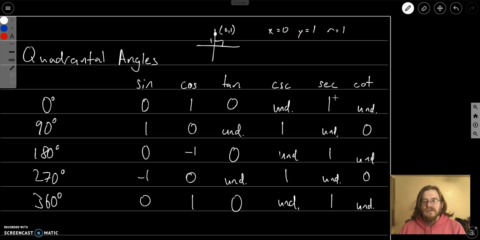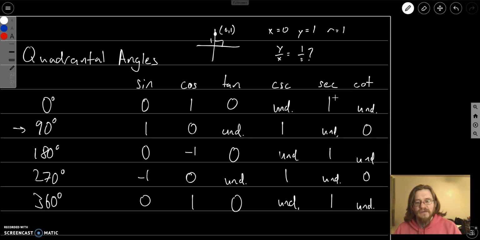And then we can go through and the sine of this angle is going to be y divided by r. 1 divided by 1 is 1. X is 0, so 0 divided by 1 is 0. The tangent will be undefined because the tangent is always going to be y divided by x, which in this case is y divided by 0.